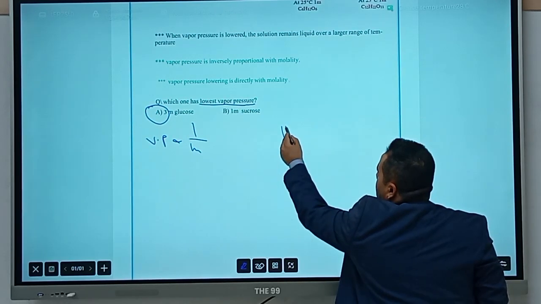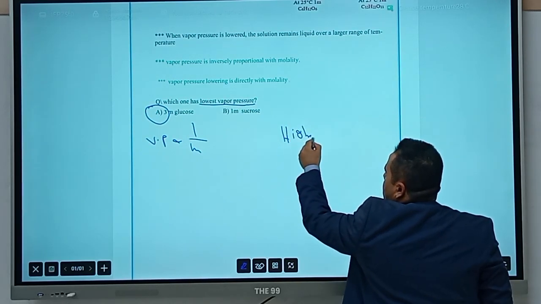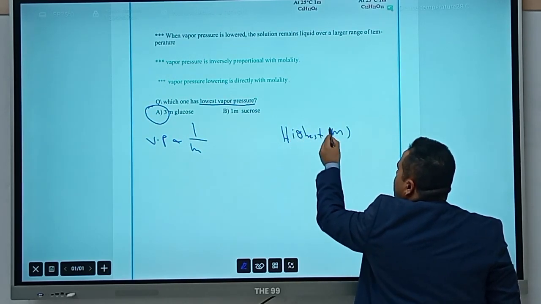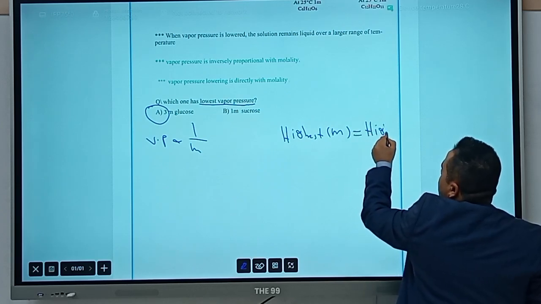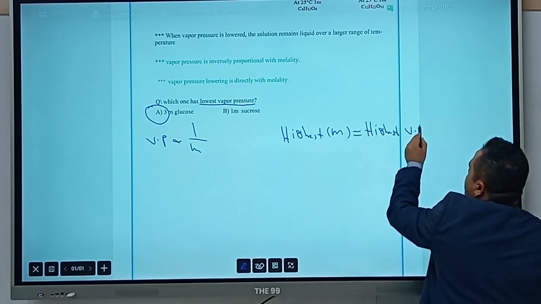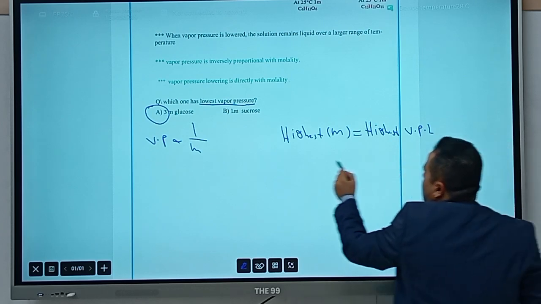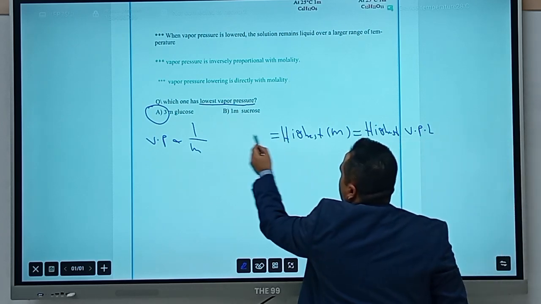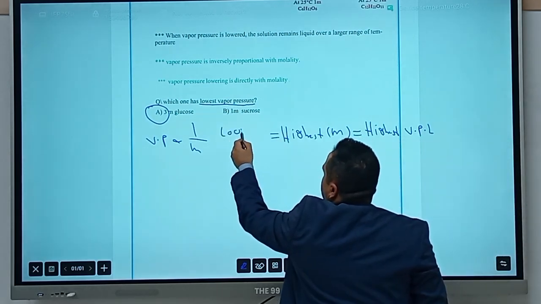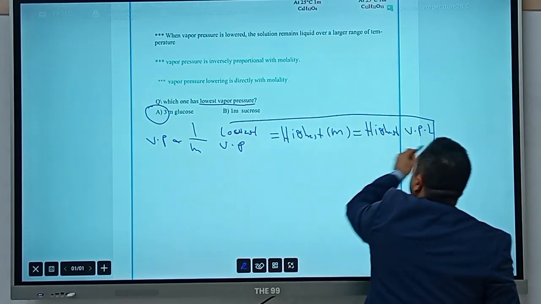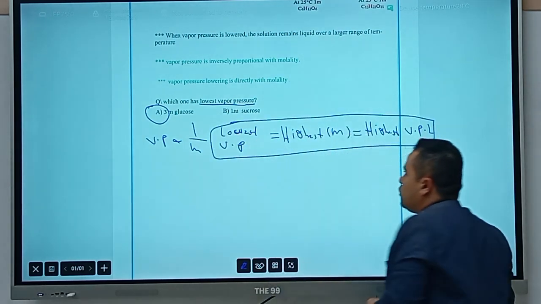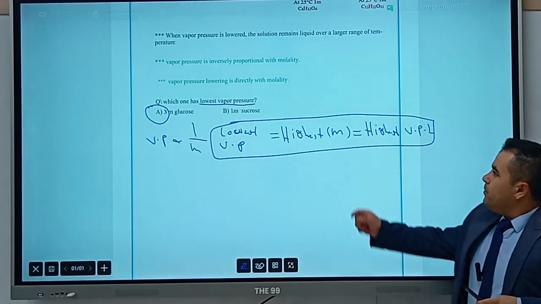So, the highest molality is equal to the highest vapor pressure lowering, and equals what? The lowest vapor pressure. This is the relation in order to answer such questions, guys.